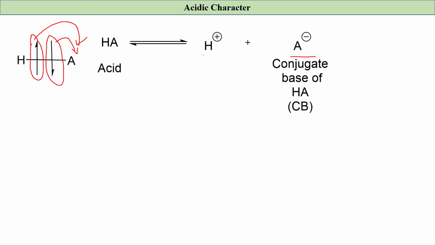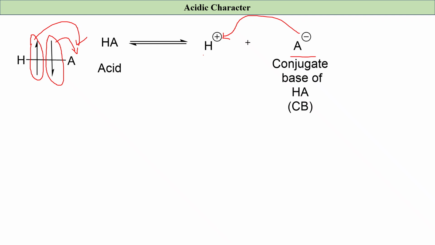Lewis acid-base theory also says any species which can donate electrons is called a base, and any species which can accept electrons is called an acid. Similarly here, A minus can donate an electron to H plus and become HA again, so this is a reversible reaction.